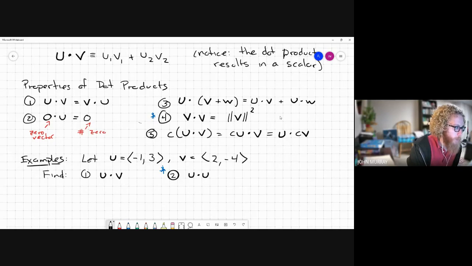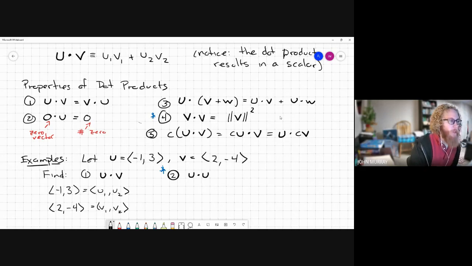So since u is -1, 3, that's going to be my u1 and u2. And then I have 2, -4, and that's going to be my v1 and v2. So the dot product says I multiply u1 and v1 and u2 and v2, and then I add those together.